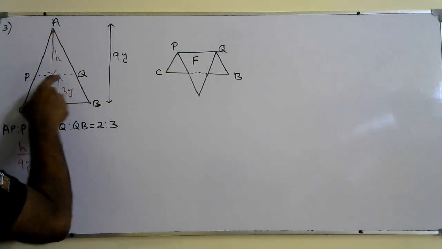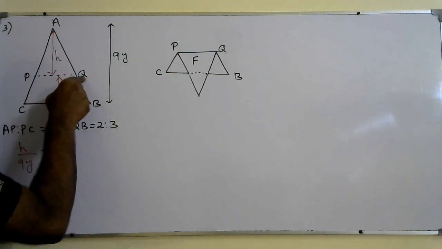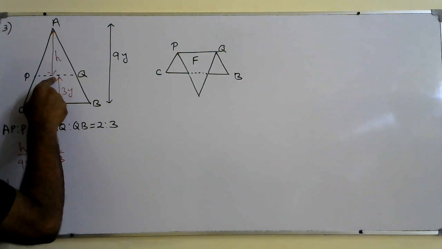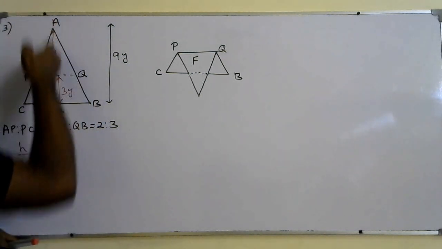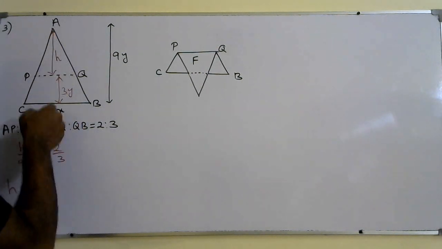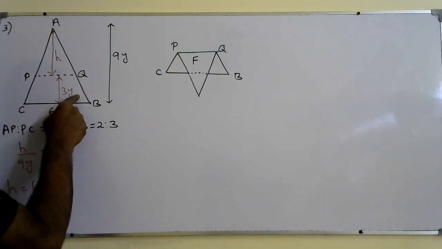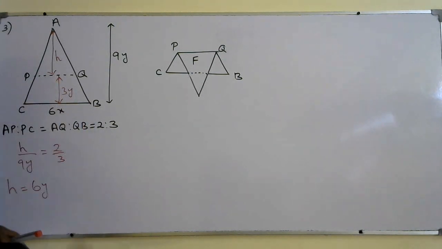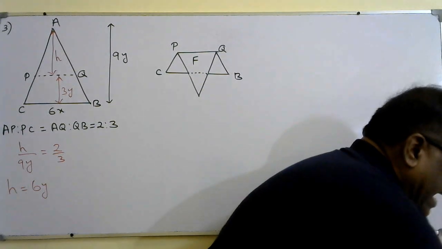So it will be on the line PQ, at the midpoint, because AC equals AB. The median drawn from A to BC passes through the midpoint of BC. Therefore, the center of mass of ABC from BC will be 3y, and that will be at PQ.